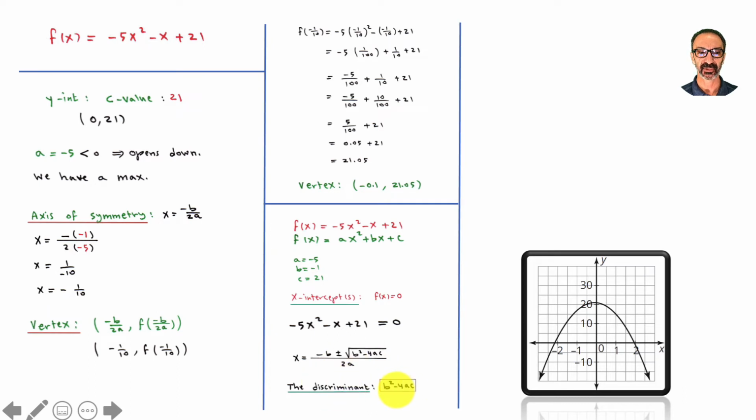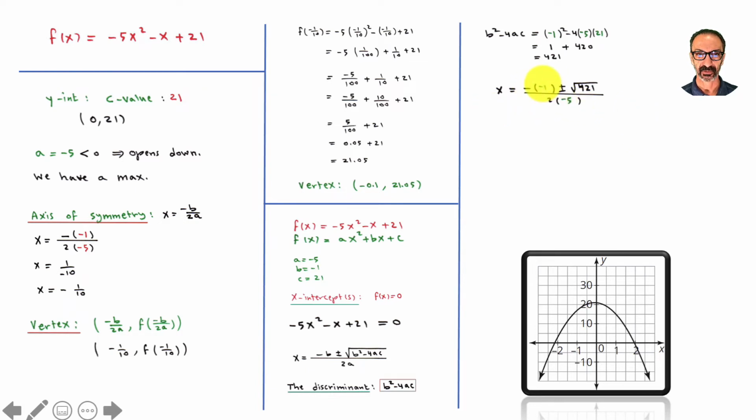So let's take care of b squared minus 4ac. Plug in the numbers, -1 for b, times minus 4ac, a is -5, and c is 21. I have 421, which is positive. Positive, that means I have two options here and I could go on.